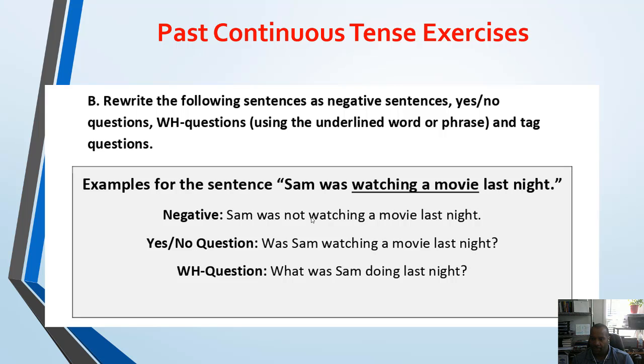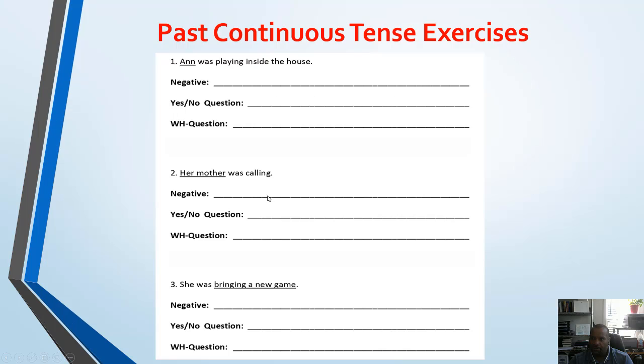And then finally, to change this into a WH question, we would write, what was Sam doing last night? And here we use what as our WH.